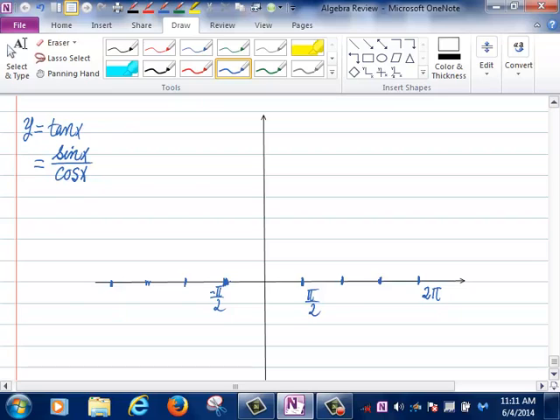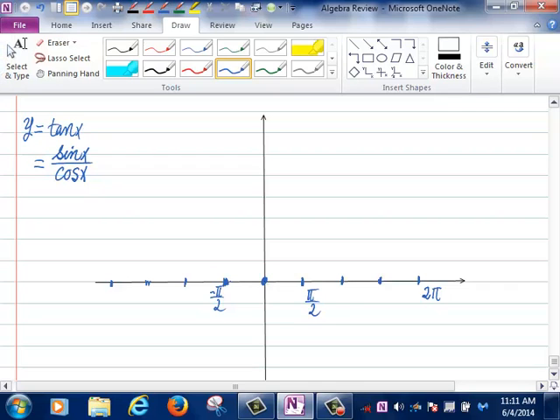Now, when will tangent be 0? Well, the tangent will be 0 whenever sine is 0, right? Because sine is in the numerator. So tangent is 0 when sine is 0, right here. Another thing you want to notice: tangent will be 0 at multiples of pi.